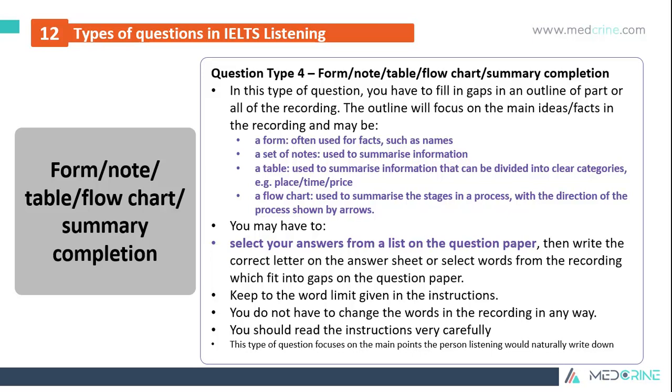And remember, keep to the word limit that you are given in the instructions. You do not have to change the words in the recording in any way. You just have to write them the way they are. And as an emphasis, you need to read the instructions very carefully. So this type of question focuses on the main points that a person listening would naturally write down.